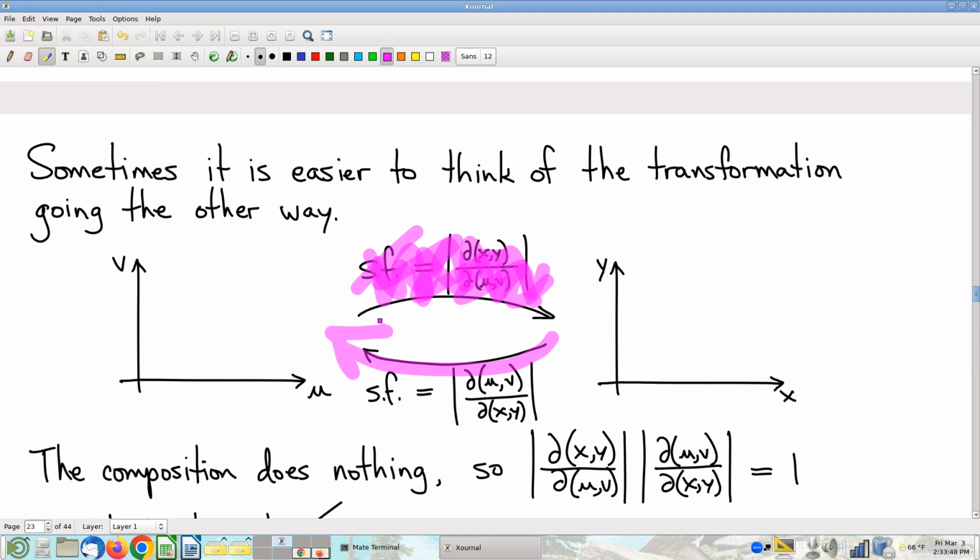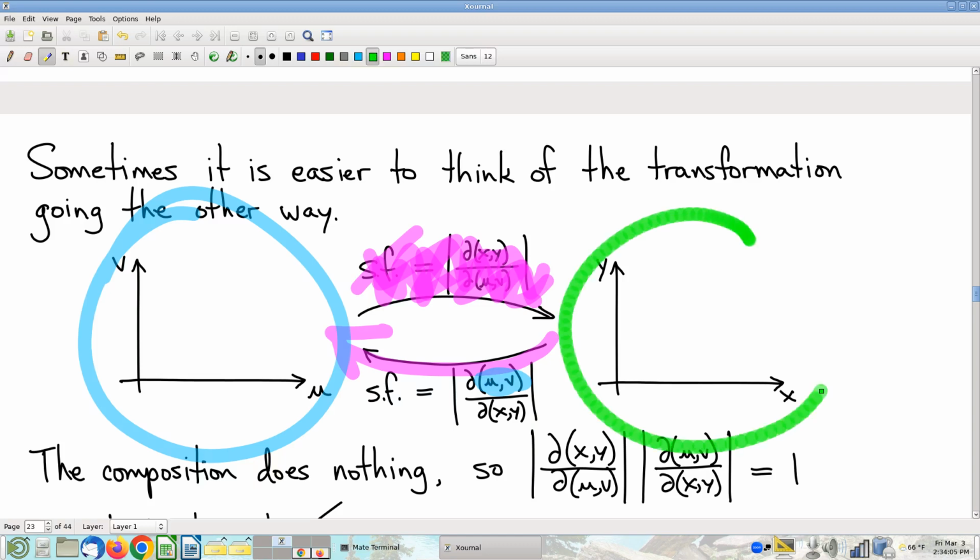Now let's pretend just momentarily that we have a function going that way. What is the stretching factor in the pullback sense if the function's going that way? Well, stretching factor is the partial of the outputs. This time u and v are my outputs, with respect to the inputs, this time x and y, as those are our inputs.